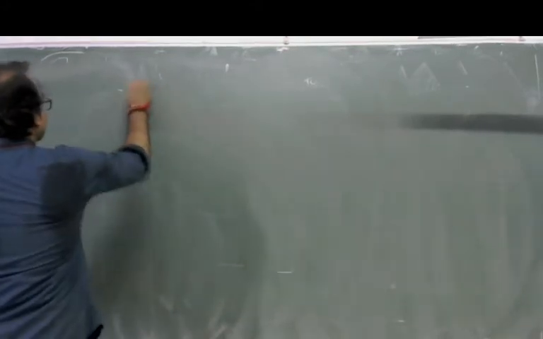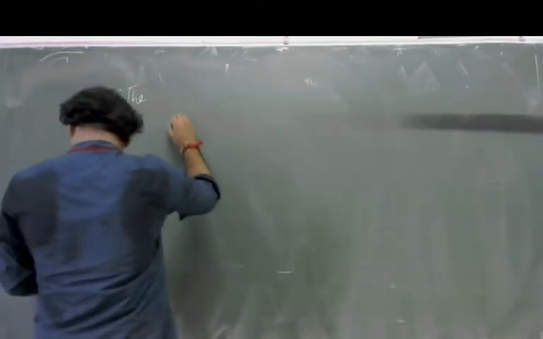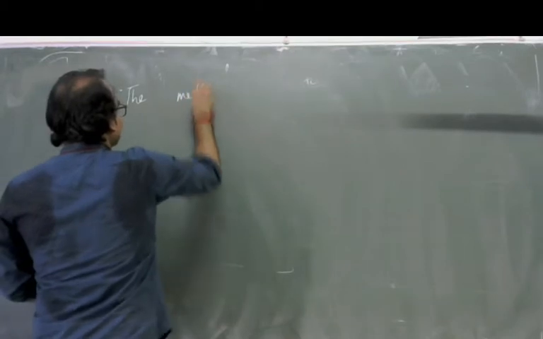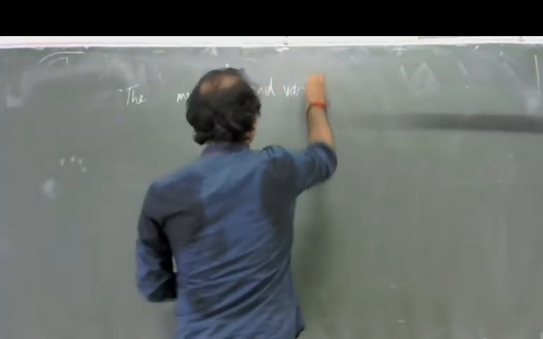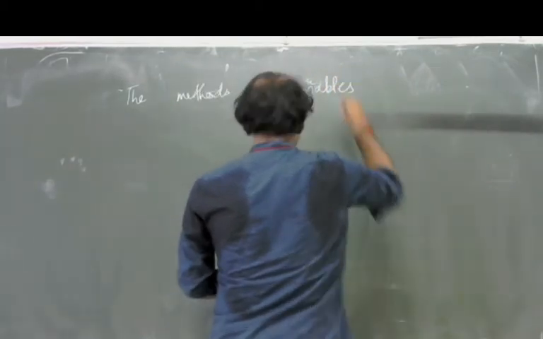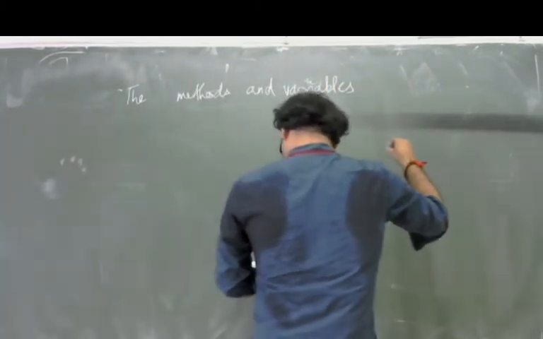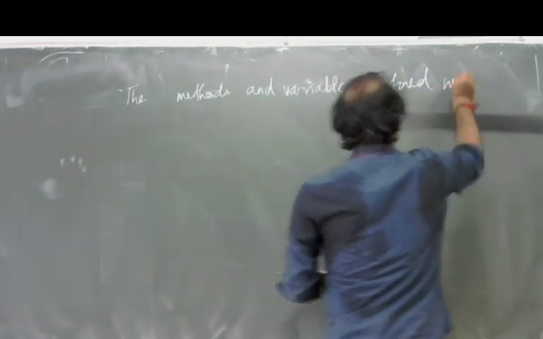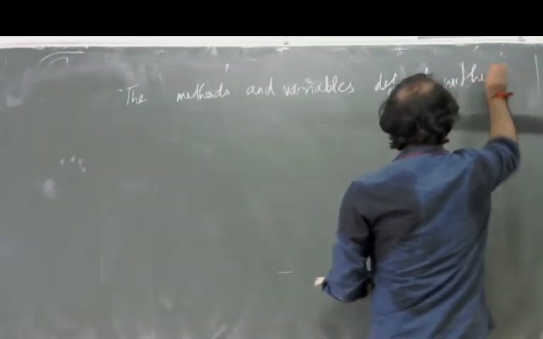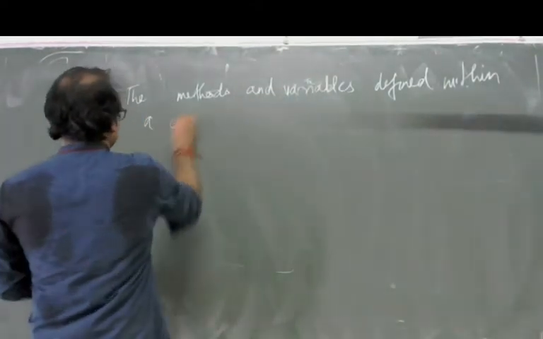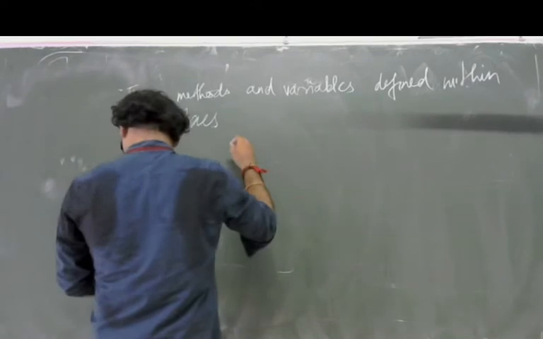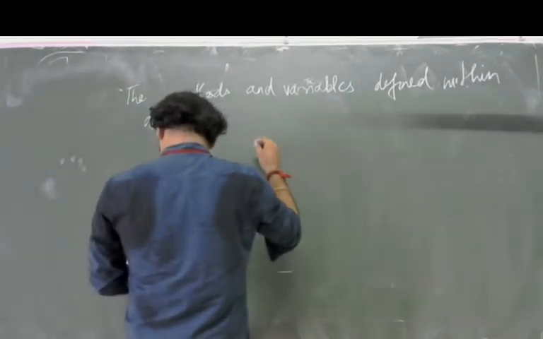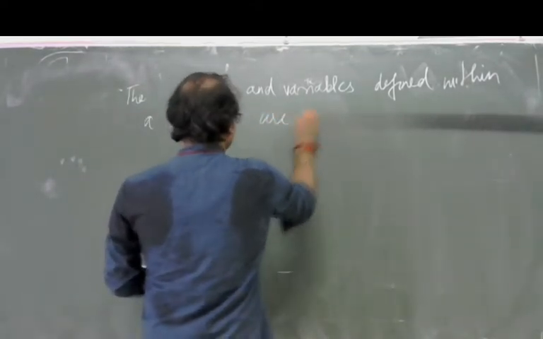So we have this definition: the methods and variables defined within a class are called members of the class.